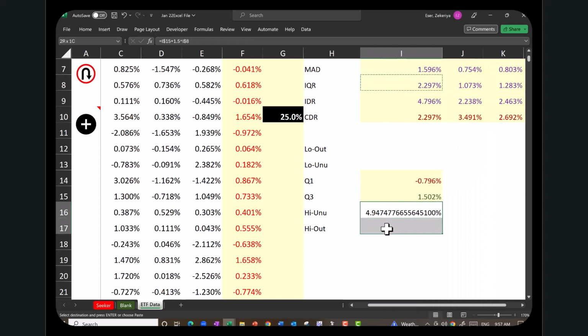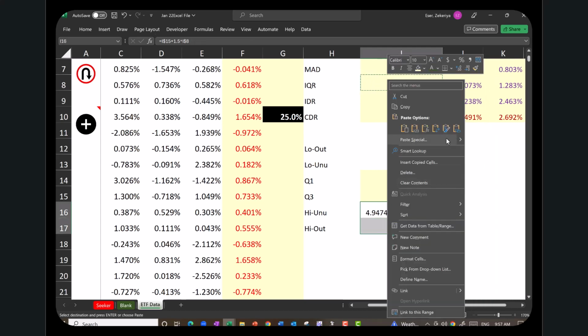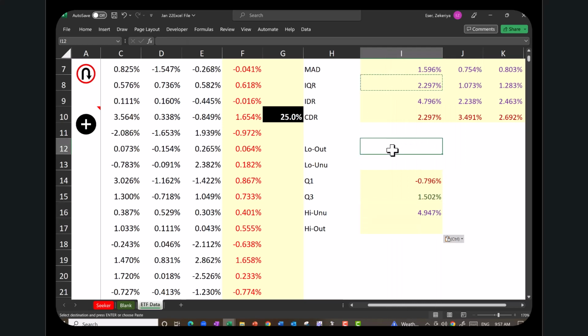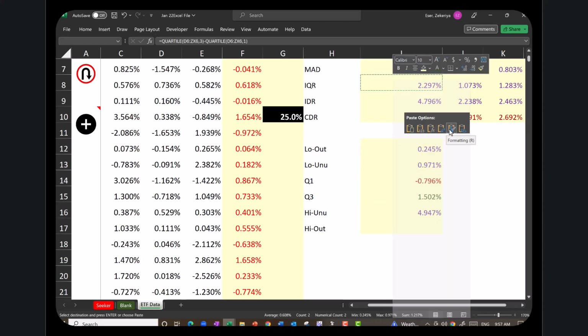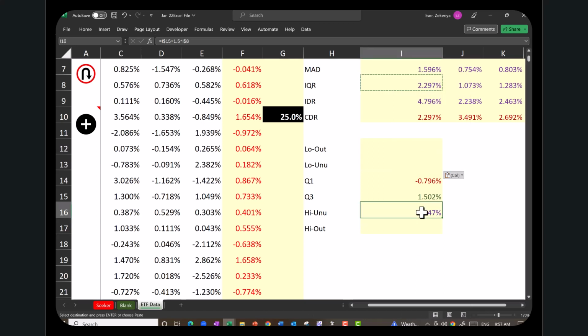Try for all of these. Okay, it's the same format. I hit F4 twice. That's a shortcut way of fixing only the row reference, but not the column, because I want to be able to drag them to the right.